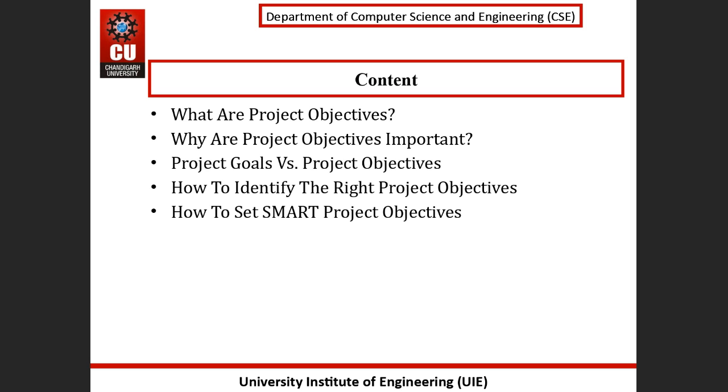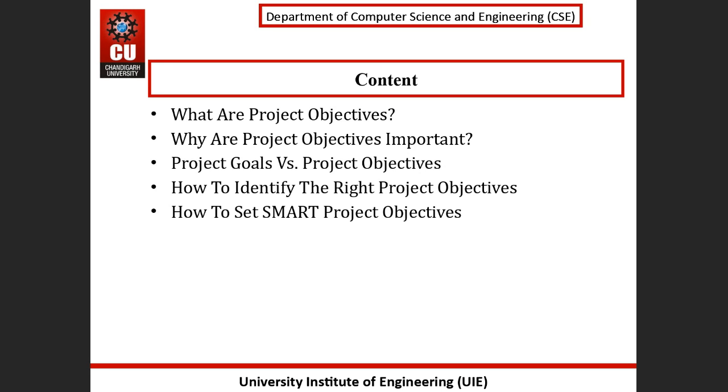Sometimes we just define that we want to achieve this goal, but we don't know, can we actually achieve that goal or that objective? So how to identify the right project objectives and how to set smart project objectives?